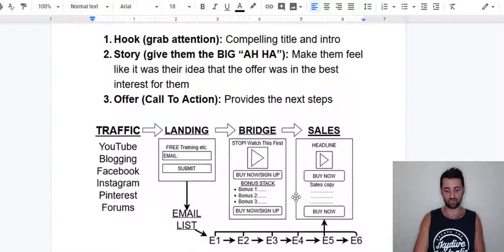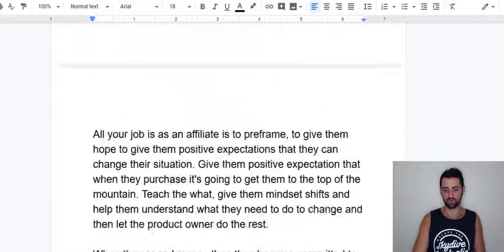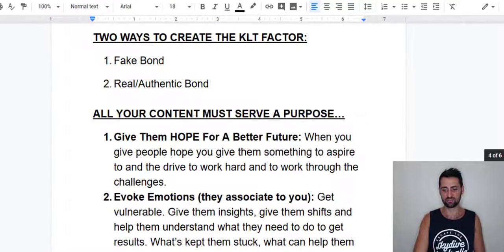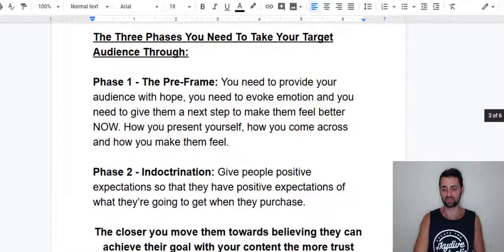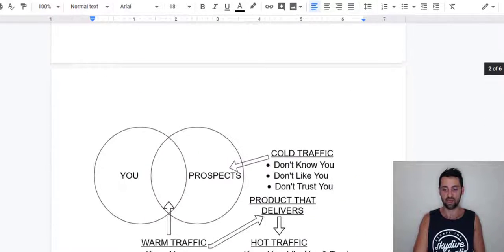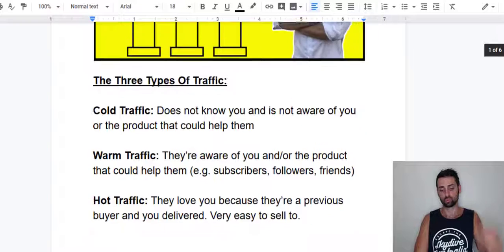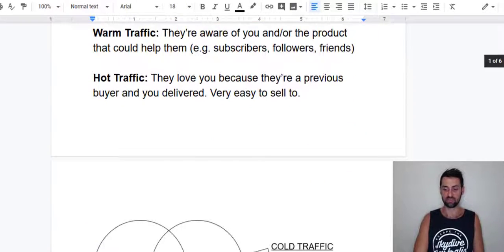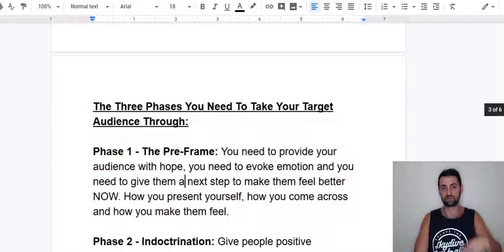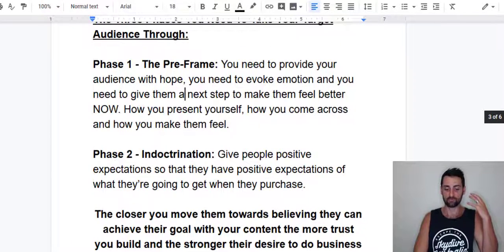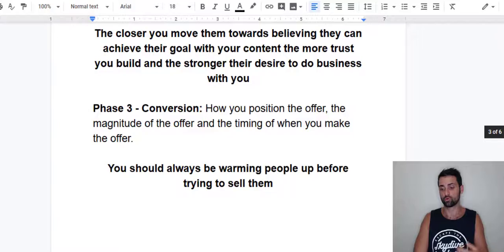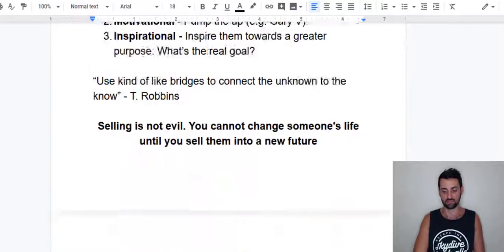And all of this is really important, but really this is the most important thing. What I've just run you through, in creating the content, in getting people to know, like, and trust you, and taking them through the process of being cold traffic to warm traffic to hot traffic, taking them through the process of pre-framing them and building up their hope and positive expectations, and all of that stuff is way more important than this.